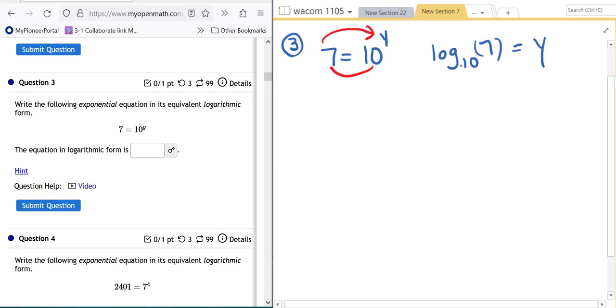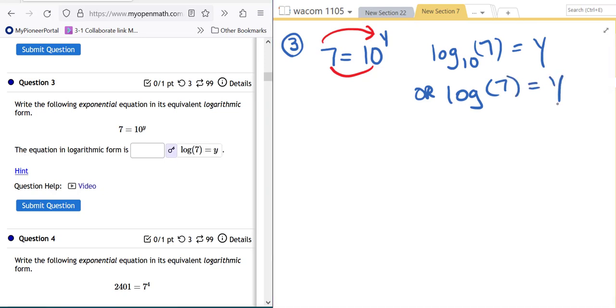Now, common log, the one that just says log, is always base 10. So I could put this and it should be right, but it should also be correct just to write log of 7 equals y. Either one. It should take either one.